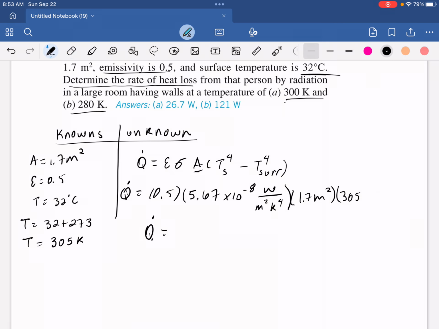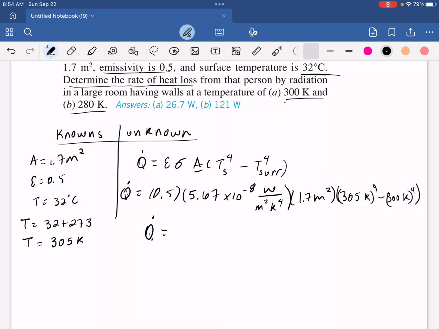That is going to be 305 kelvins raised to the fourth minus 300 kelvins raised to the fourth. Once you do that, this number 305 raised to the fourth essentially becomes some big number, but the most important thing is that you're gonna end up with K raised to the fourth.